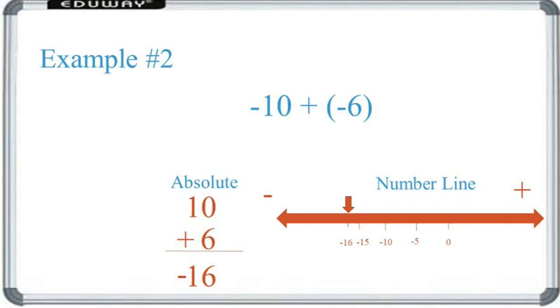That might look kind of confusing. Don't worry about it. If you have a problem that does not have two signs that are going to touch, you are not going to see parentheses written around that second number.